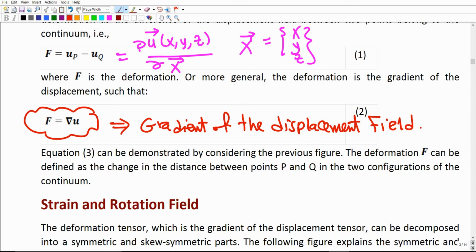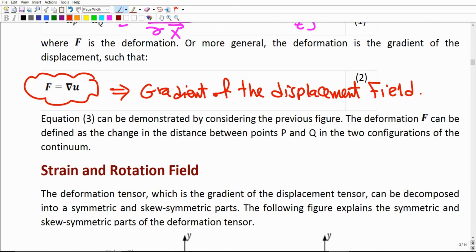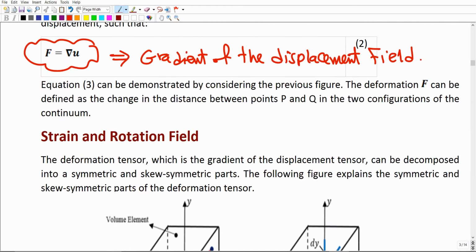Rotation happens in case we have a difference in the directions but still the same magnitude. For the changes in shape and dimensions, you're gonna have both different magnitude and different directions. So we're gonna have rotation and the change in dimensions and shape. This is the meaning of the deformation and how we can describe it.